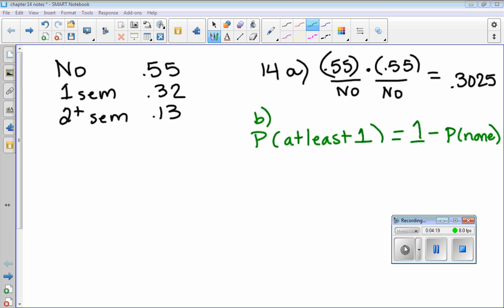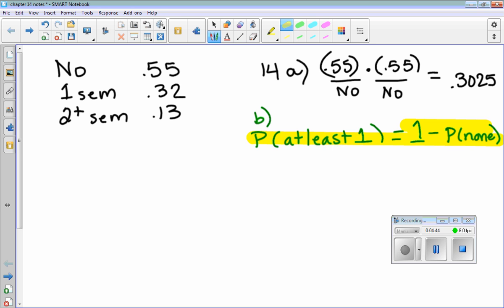The complement: 1 minus none is the probability of something. Okay, at least 1 is 1 minus none. Honestly, if you can get that out of today again, that's what you need to get out of it. Or we can try to come up with all the different possible scenarios, which is a little bit harder to do. So I think the complement here is the easiest thing.